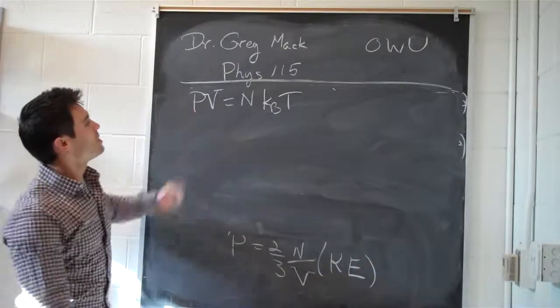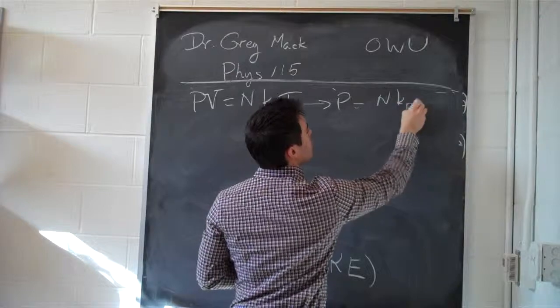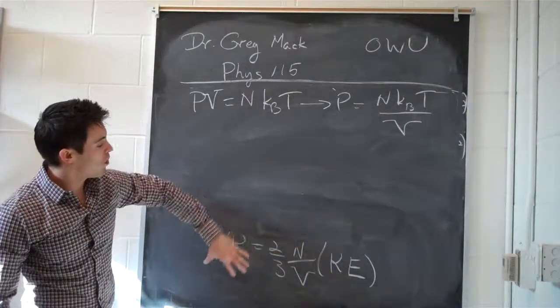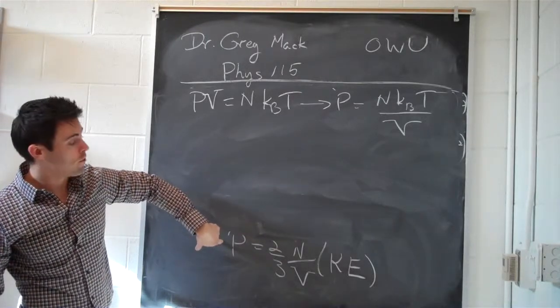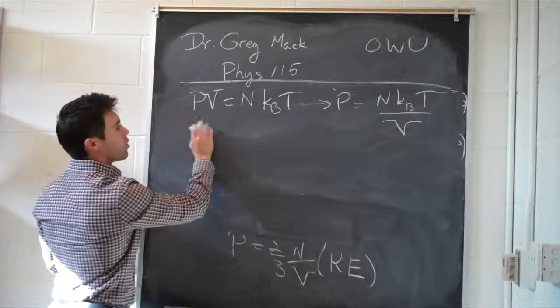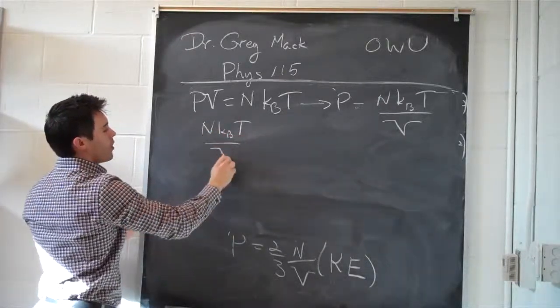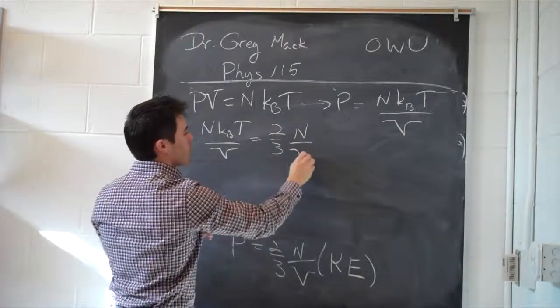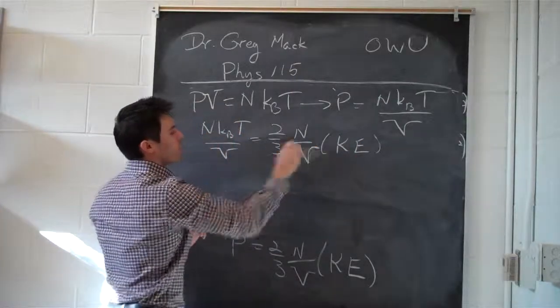So P is equal to N kBT over volume. So we can plug that in for P right here and solve for the kinetic energy. So N kBT over volume is equal to 2/3 N over volume times the kinetic energy.